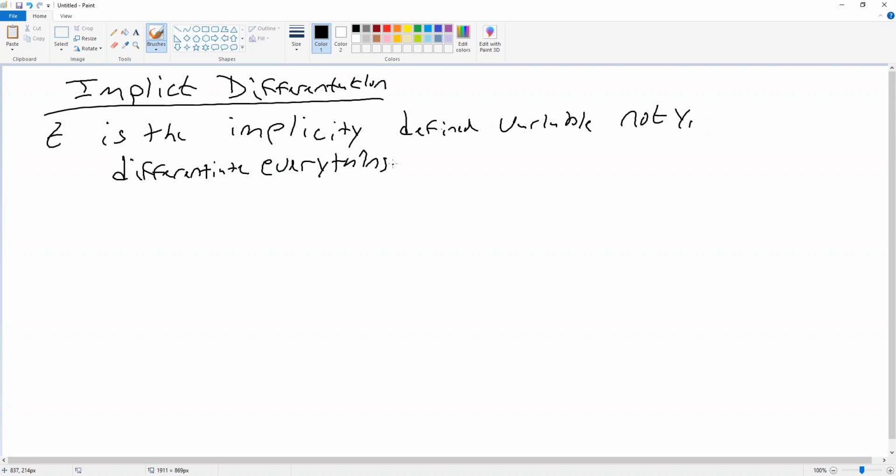Everything is differentiated. So here's the example. I'm going to try not to fly through it. It's x squared y plus x z plus y z squared is equal to 8.